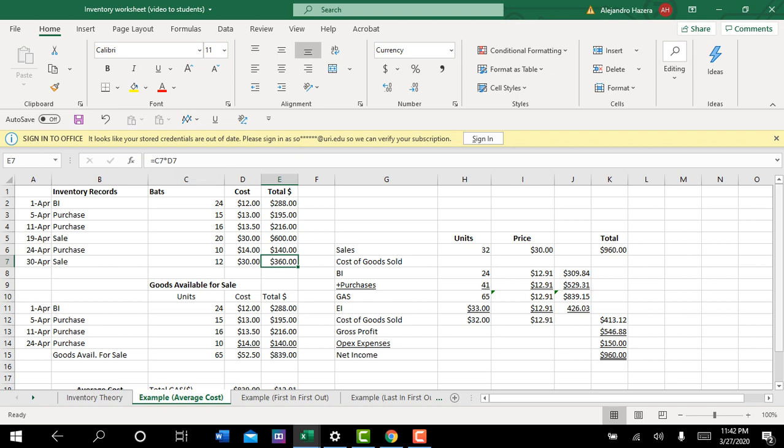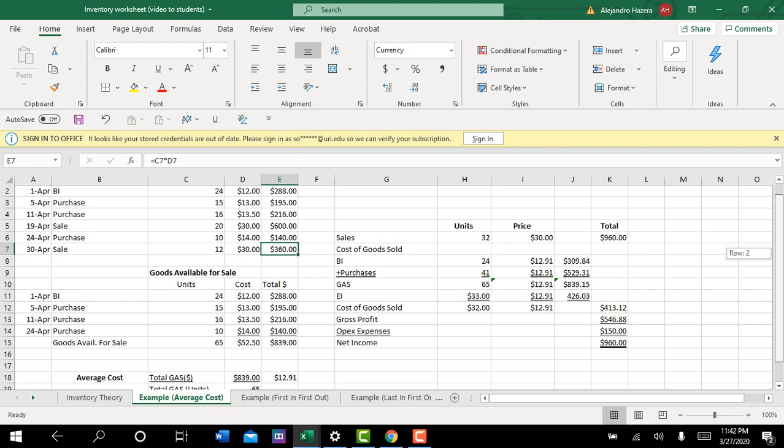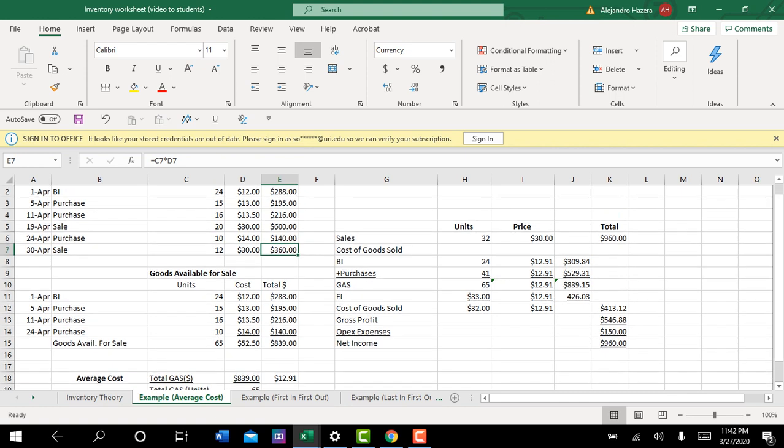Now notice once again, I'm going to calculate goods available for sale, and it's exactly as I calculated back here in this example. Goods available for sale are beginning inventory plus purchases. That gives you your total goods available for sale.